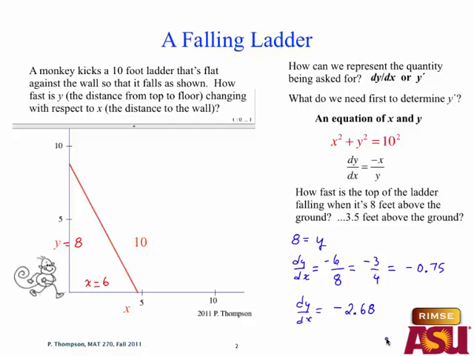Okay, so what do these numbers mean? Tell your neighbor: when y is 8, the rate of change is negative 0.75. When y is 3.5, the rate of change is negative 2.68. So what do these numbers mean? What story are those numbers telling? Go.